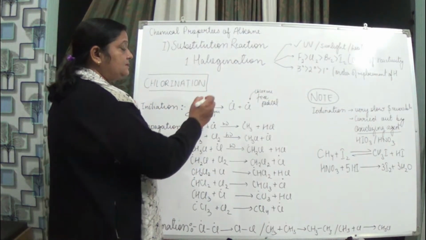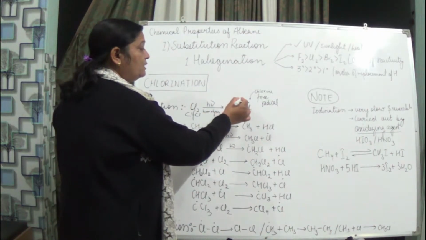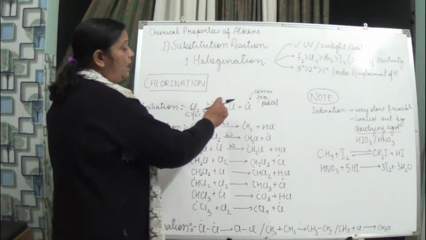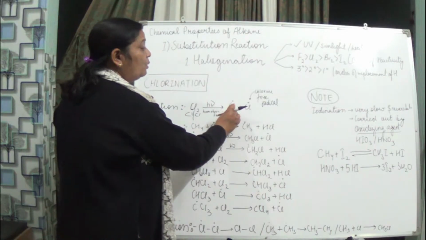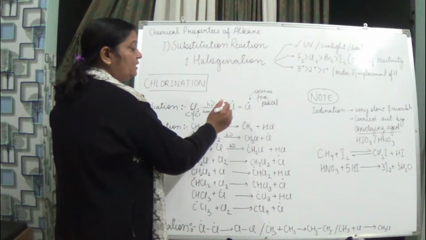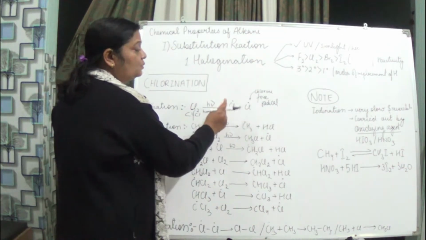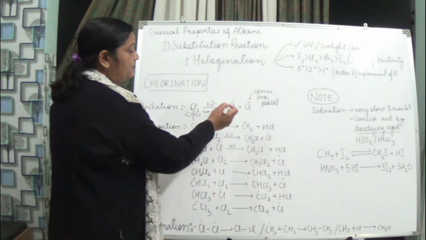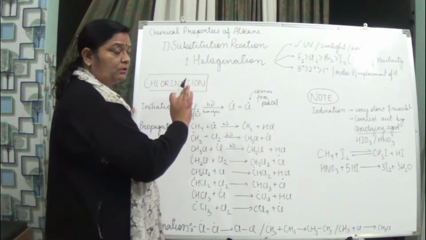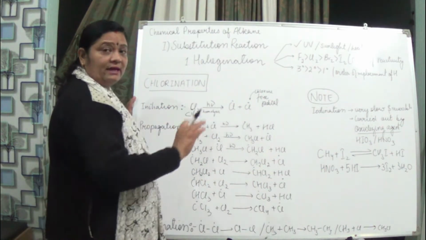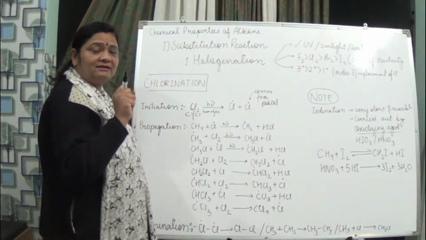Why homolysis? Because the electrons are equally distributed between the two chlorines, and each chlorine with one electron is reactive in nature. It is acting as a free radical. Both chlorines are acting as free radicals. Now it is in the active state.